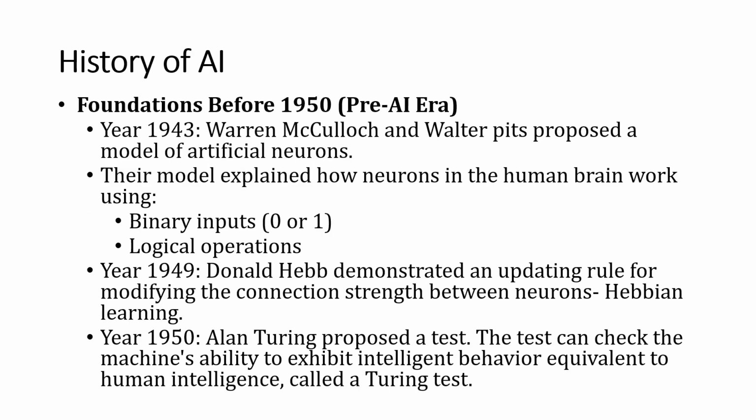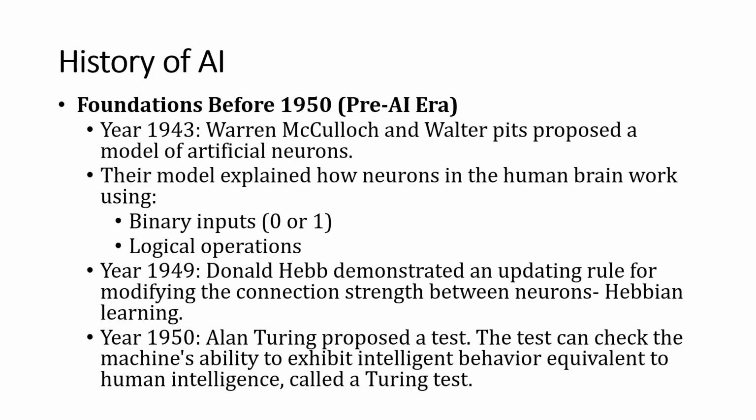Next, we will discuss the history of AI. We will start from the foundations before 1950. That period we can call the pre-AI era. In the year 1943, Warren McCulloch and Walter Pitts proposed a model of artificial neurons.